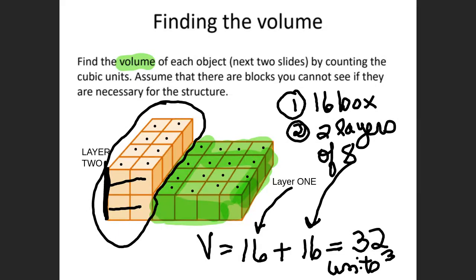There are some sugar cubes that I can't see, and that's where the difficulty comes in. You can't see them, but you got to know they're there. I have 8 cubes in the top and the bottom, which is where this 2 comes in. Now, remember, assume that there are boxes you cannot see. That is the difficulty.